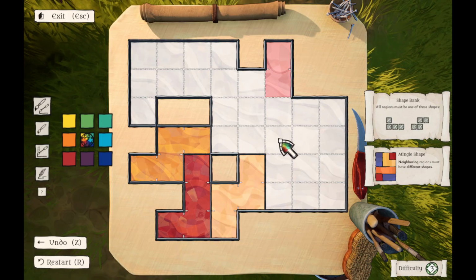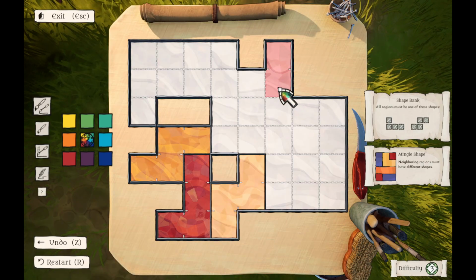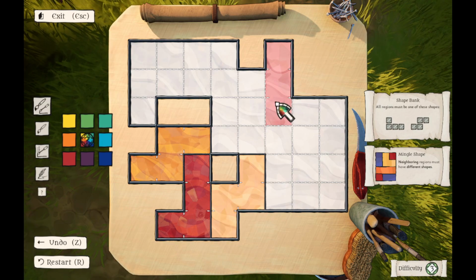I could go down like that. No, I can't go up like that, because then this would be forced to be an L. This is an L. And let's look at this.